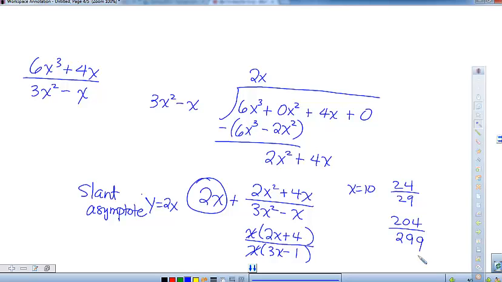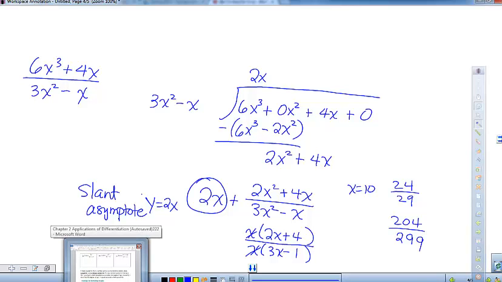So eventually this piece washes out, and this is the thing that's really guiding the function. All right, other questions? Okay, very good. Slant, because the graph is slanted there.